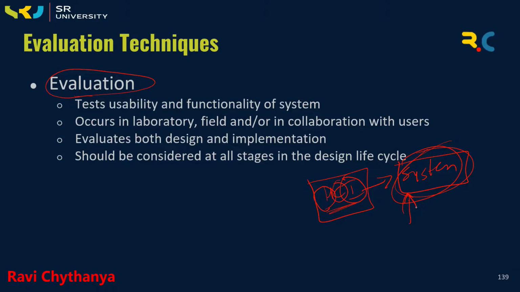If it is not meeting it, then we need to do the system again from the starting requirements, implement it again, and test for the usability as well as the functionality of the system. So at every stage of the design life cycle you evaluate the functionality as well as the usability of the system.